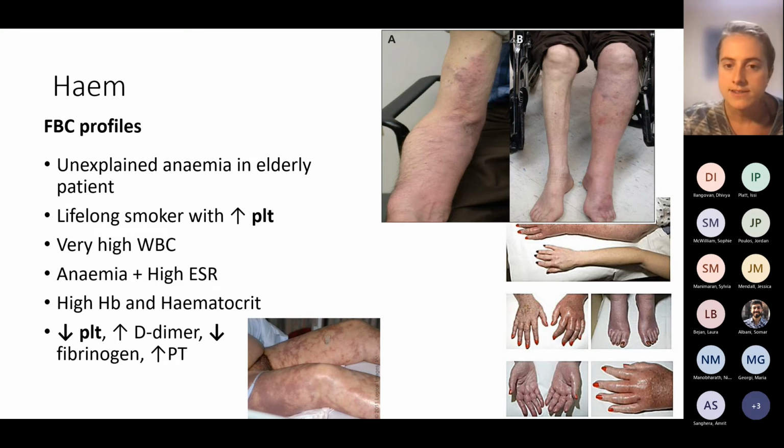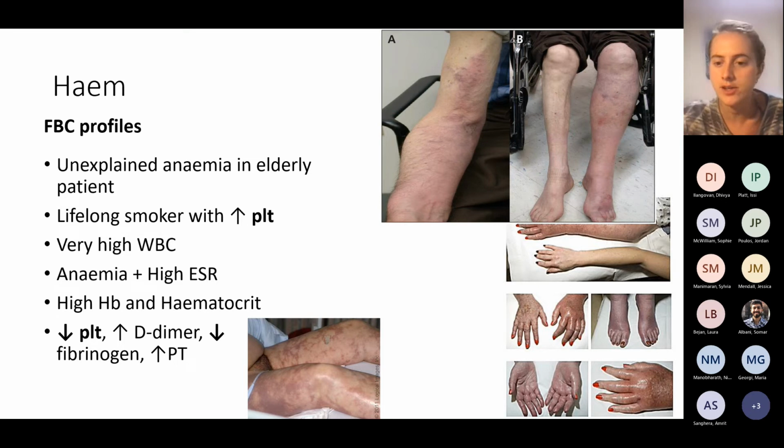So anemia plus a high ESR, what could you be thinking then? I'll just flick through.